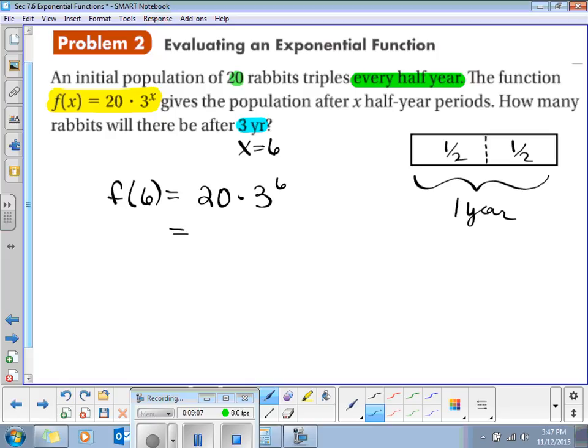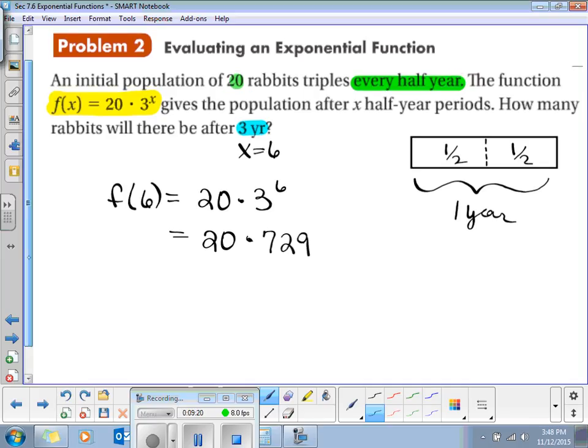What's 3 to the 6th power? 3 to the 6th power is 729. And then, of course, you multiply 729 times 20, and what do you get? 14,580. Very good. 14,580. What? Rabbits.